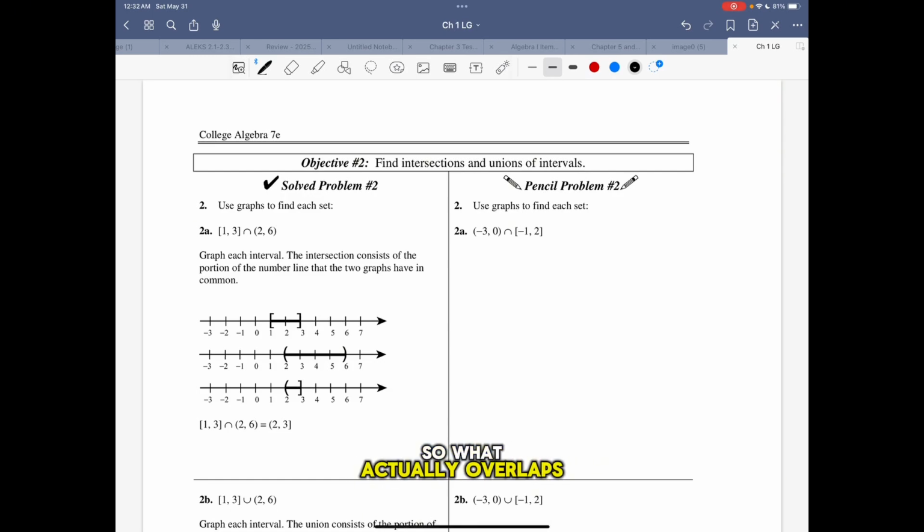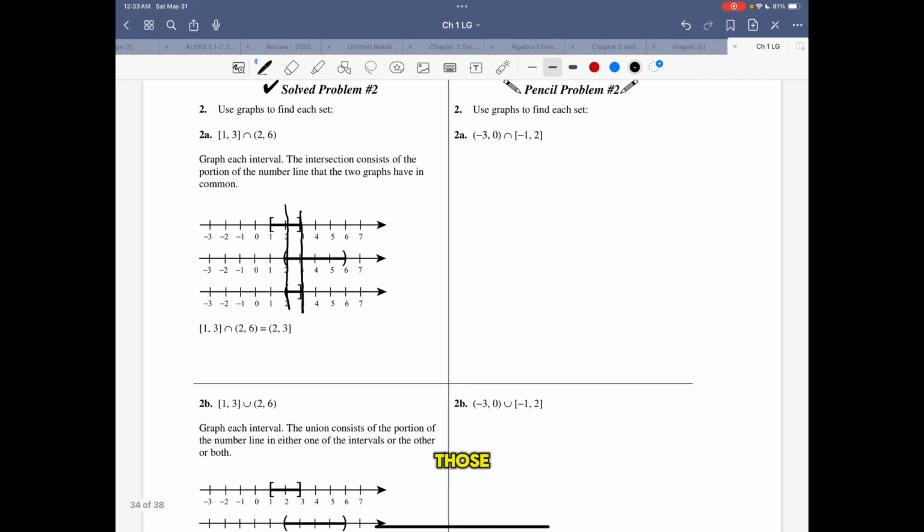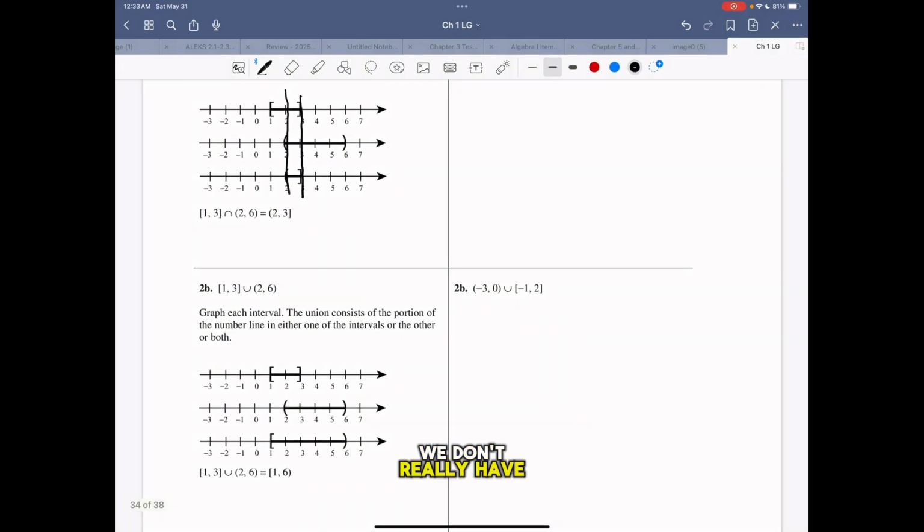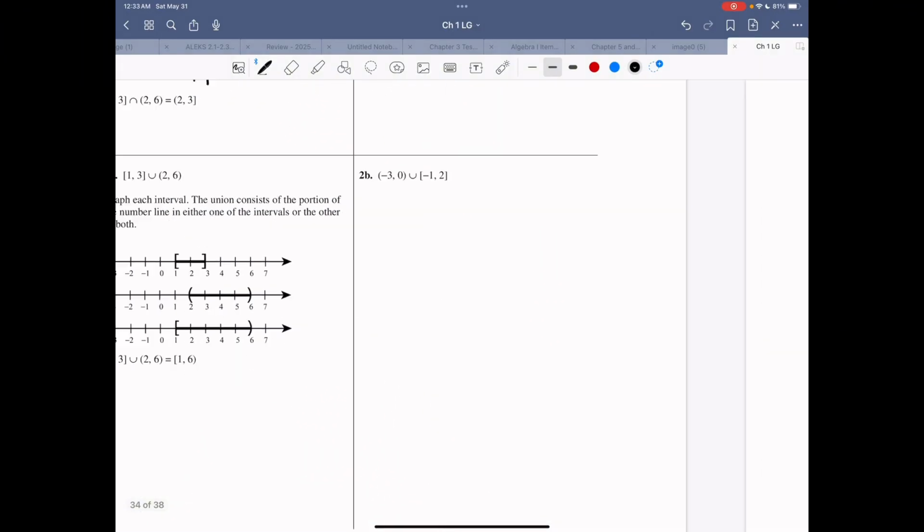So what actually overlaps is 2 and 3, okay? And that way it's kind of like merging them together. So I would suggest you try one of those. You don't really have to do 2B.